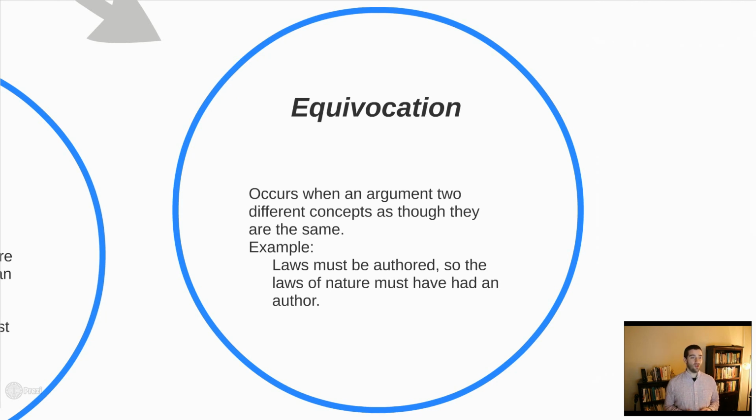A tall miniature poodle is a short dog. Words like this, especially those that generate their meaning from the context, are especially prone to being subjected to equivocation. So we need to be very careful that in both instances, the term used has the same meaning.